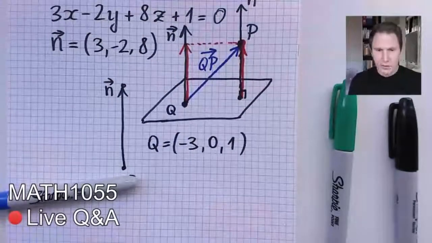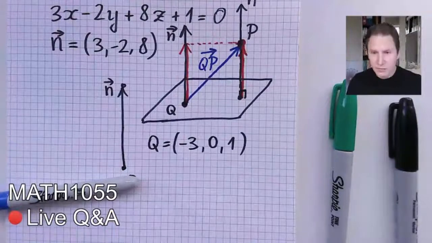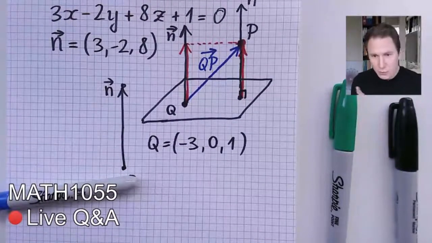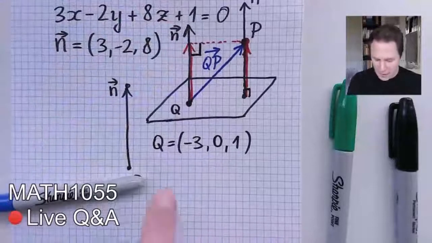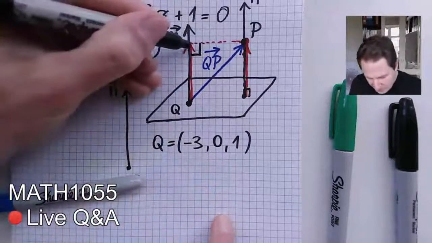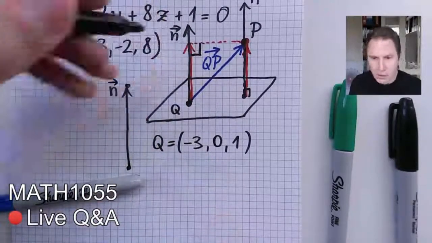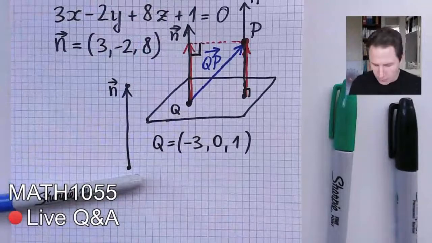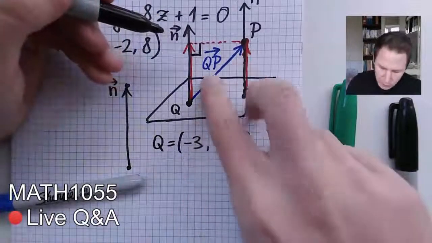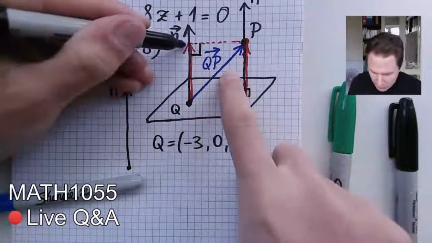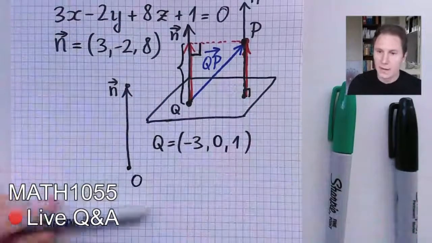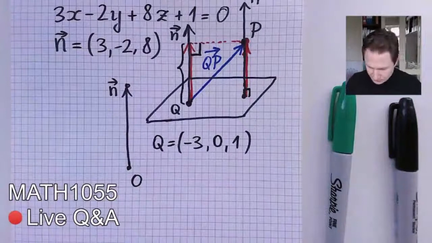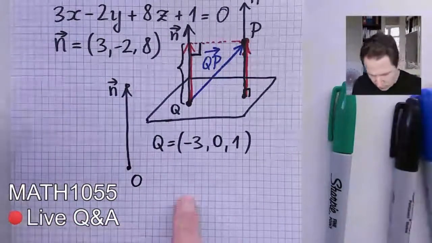Okay, and this is something we have seen just two questions ago. We had this parallelepiped, and we were looking for this vertical component of a vector. So QP is a vector, and we are looking for basically this component of QP. And this is the idea. So what is this component?